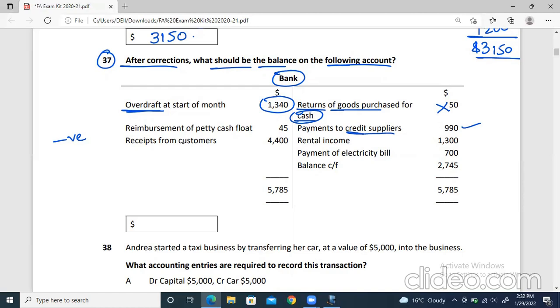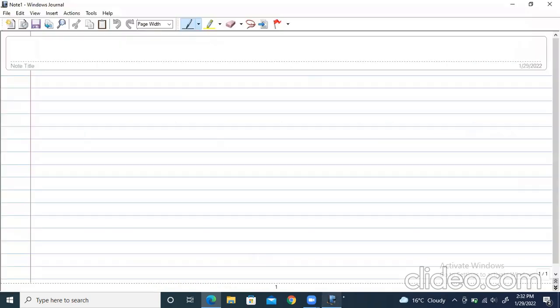Now rental income, this is also written wrong, because it's an income, we receive the cash. We receive the money into the bank. So 1300 will be written on the debit side, this side. And all of the things we'll just correct in the account that we're making. So this is the correct bank account.